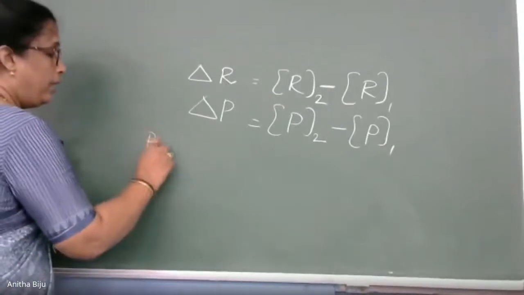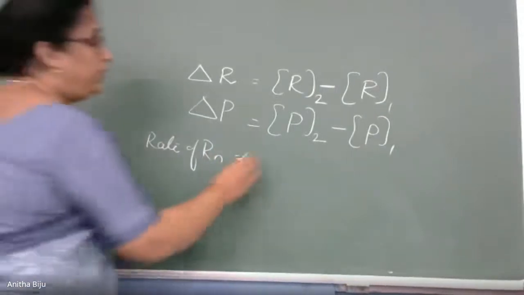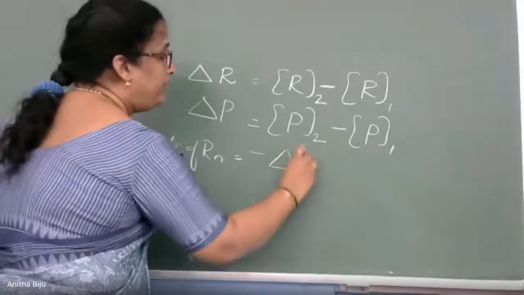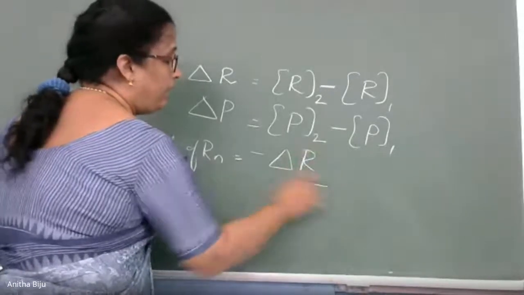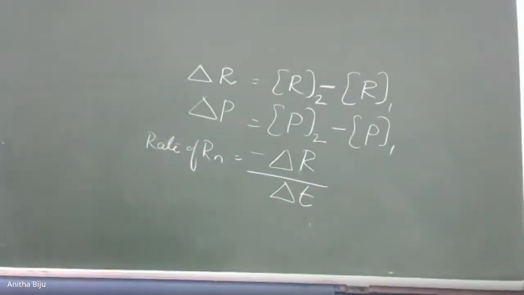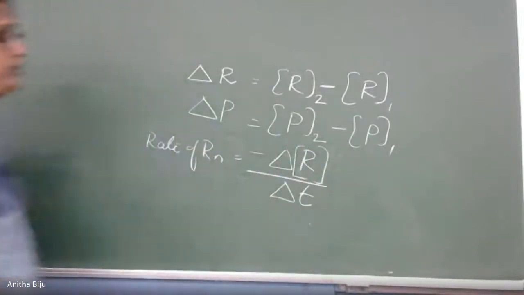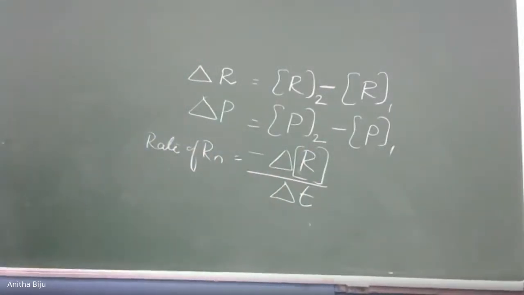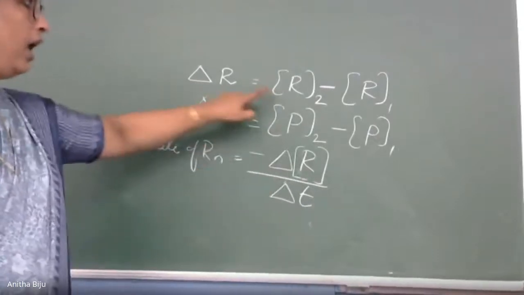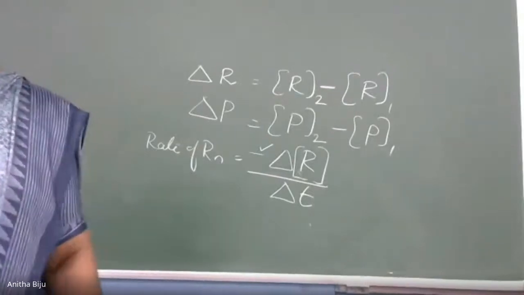First of all, the rate of reaction is equal to, very important, minus delta R upon delta T. Here delta R is the change in concentration, R2 minus R1. What is the meaning of minus here? What does it indicate?